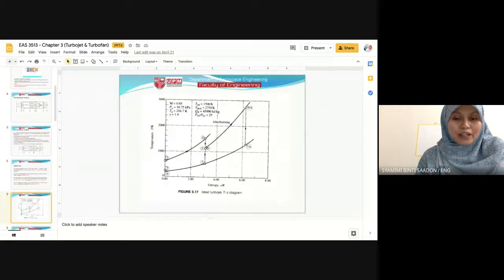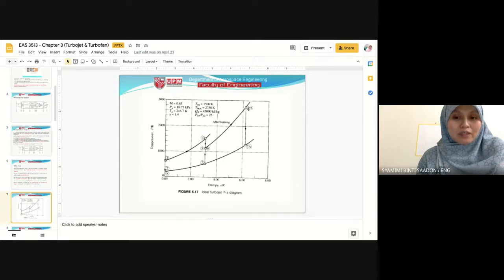If the afterburner is functioning, we burn one more time in another combustion chamber, heating up to temperature 6A. Otherwise, we go directly from 5 to 7, the exhaust nozzle.